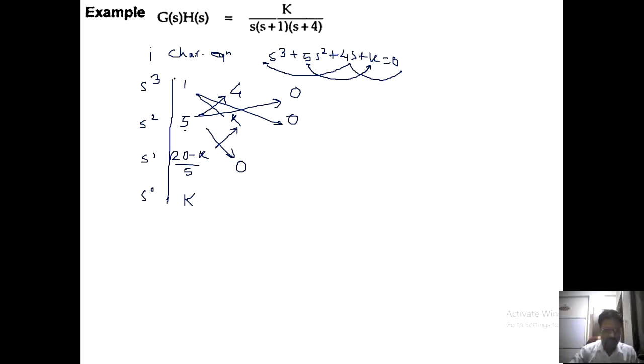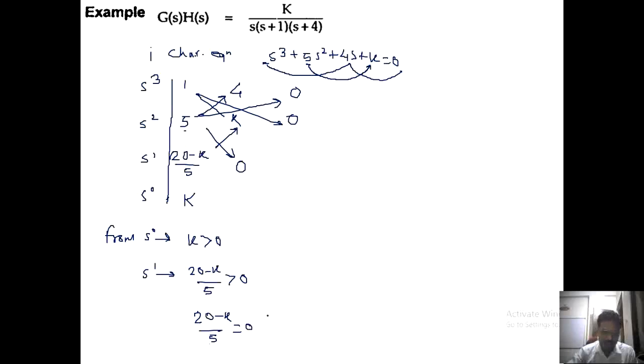Now for a stable system, the first column should be more than 0. From the s raised to 0 row, k is greater than 0, then in the s raised to 1 row, 20 minus k by 5 should again be greater than 0. For calculating the k value, we consider 20 minus k by 5 equal to 0.